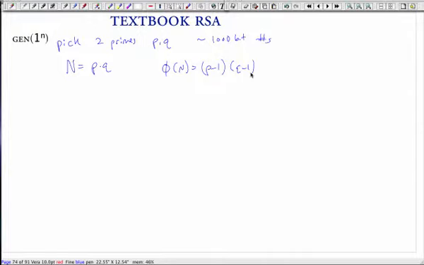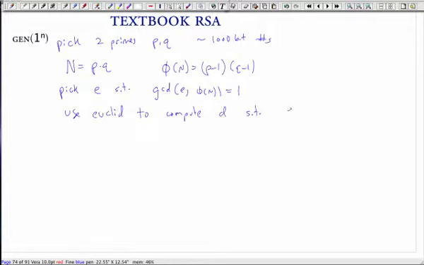Okay? And finally, so these are the steps.